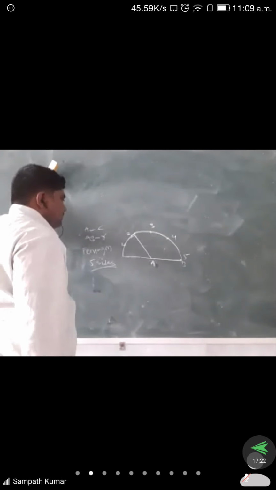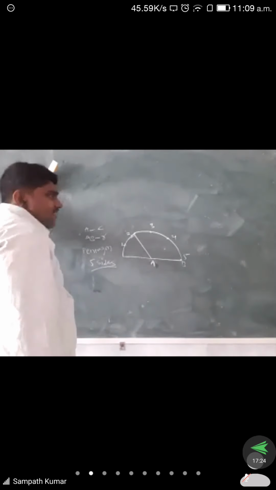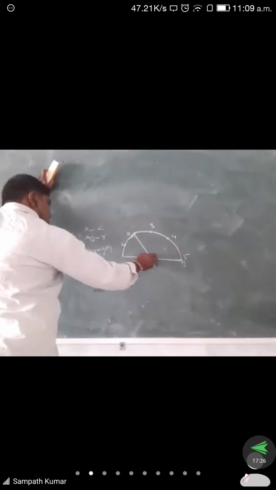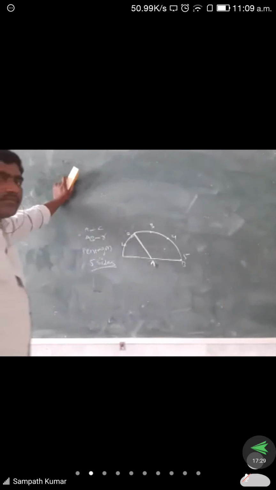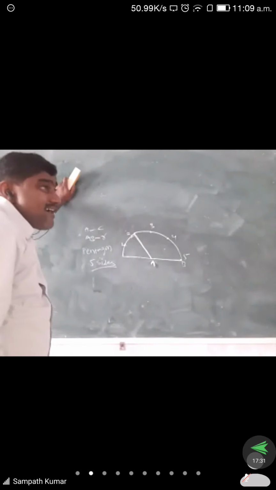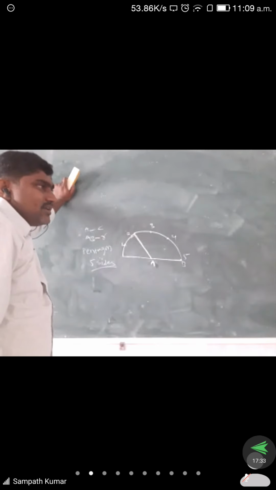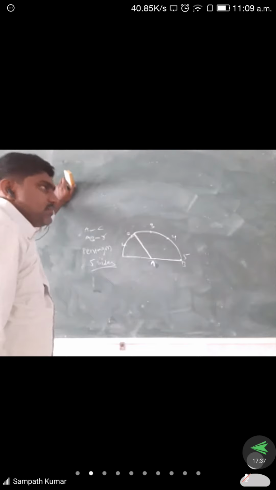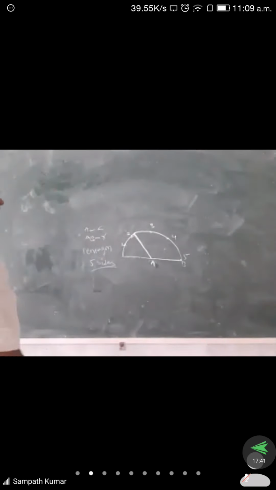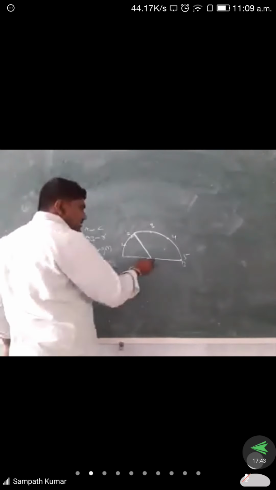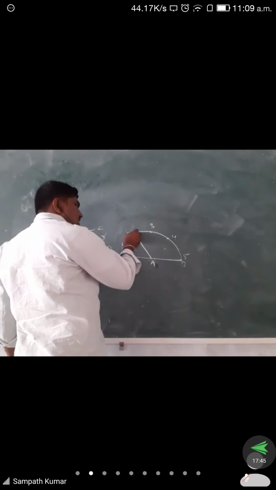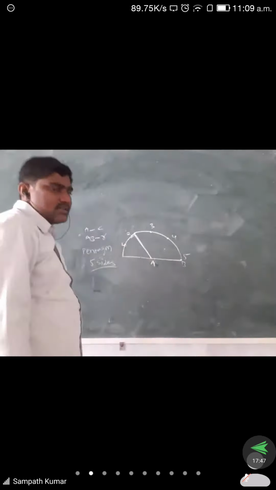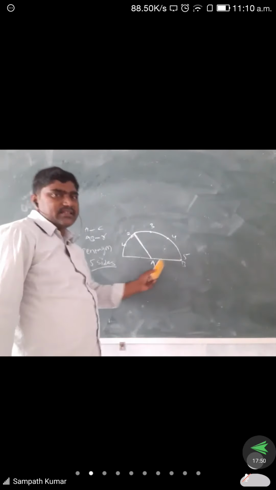No, I am not saying the angle, I am saying this side length. This side length must be equal to the semicircle radius. The radius must be equal to the side length, that is 25.